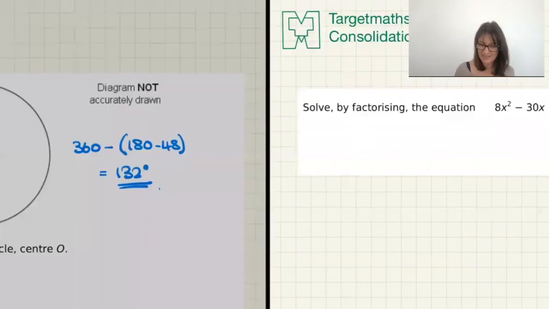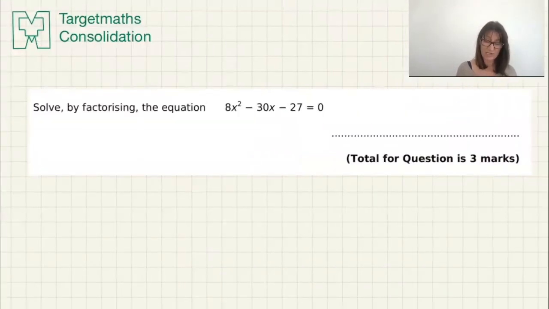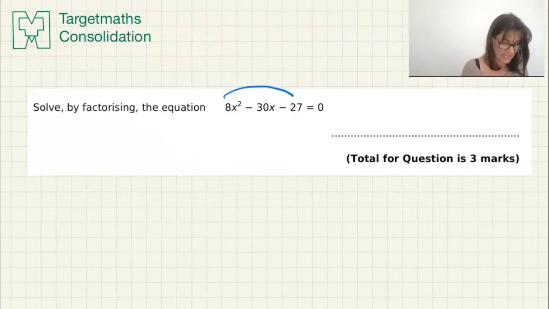Okay, next question. We are going to solve by factorizing. Now you do have to factorize because they've said solve by factorizing, but it did come from a calculator paper. So you've got a calculator that can help you with this. Okay, so first step is to multiply the 8 and the 27.